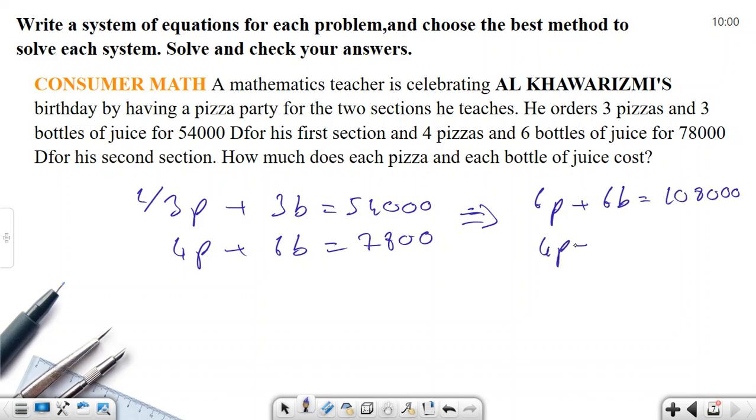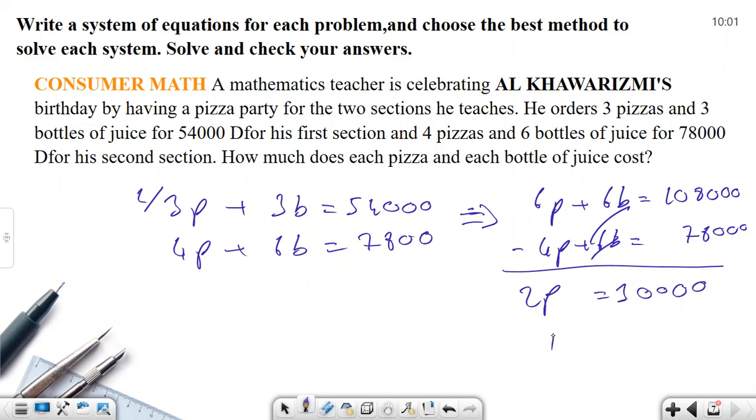And the other one, 4 pizzas plus 6 bottles of juice, is 78,000. Subtract them. So the 6 bottles cancel each other. 2 pizzas equal 30,000. 1 pizza equals 15,000. I found the pizza: 1 pizza is 15,000.